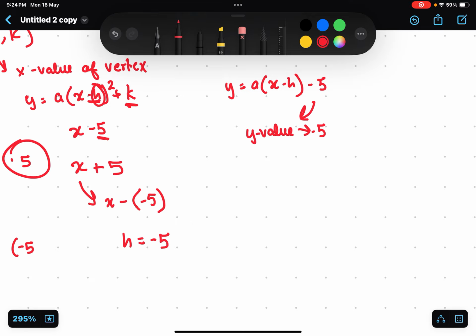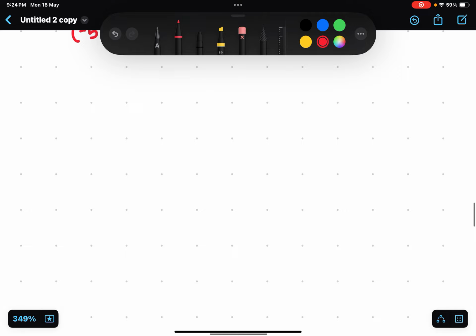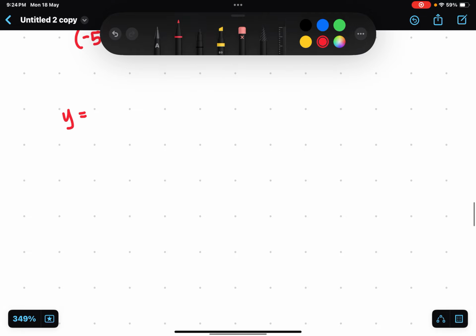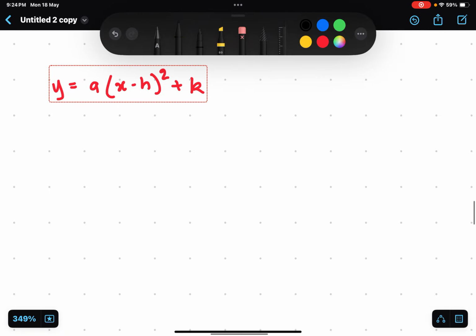So this is what we can do. If we want to plot a graph using this, how can we do it? This is a bit of an important topic, so pay attention. How can you plot it? First of all, you will know that the vertex is at (h, k).